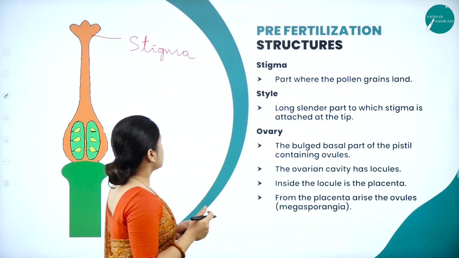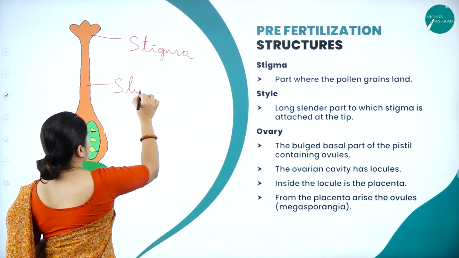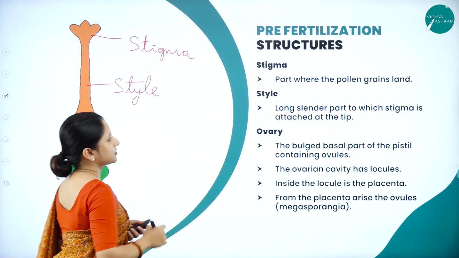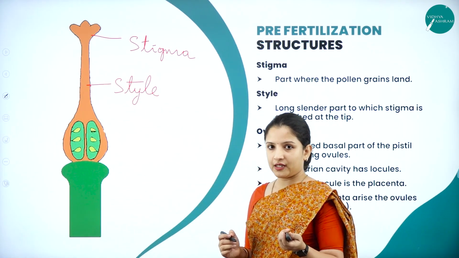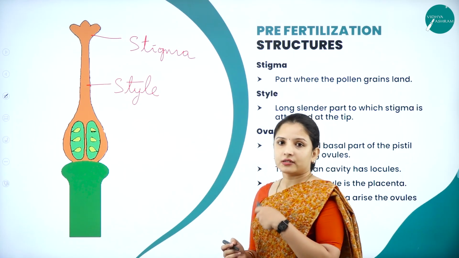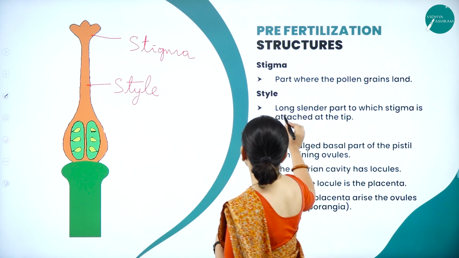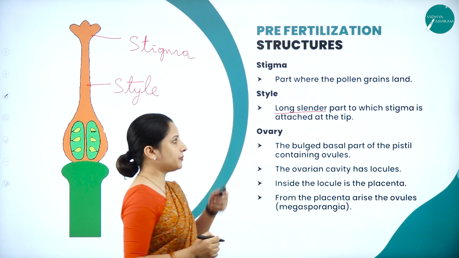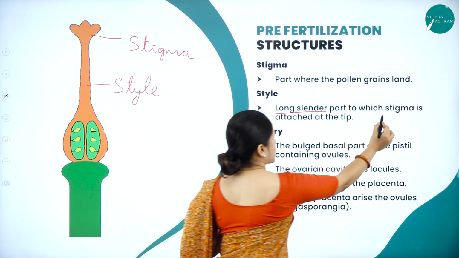So the next important part is the style. Similarly, like how in an anther you had the filament, in the Gynecium or the pistil you have the style. The style is a long and slender part, and to this style, the stigma is attached at the tip.